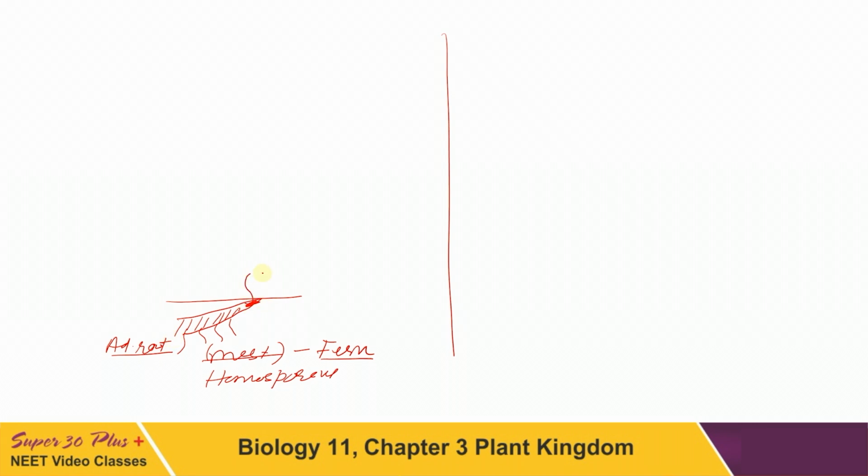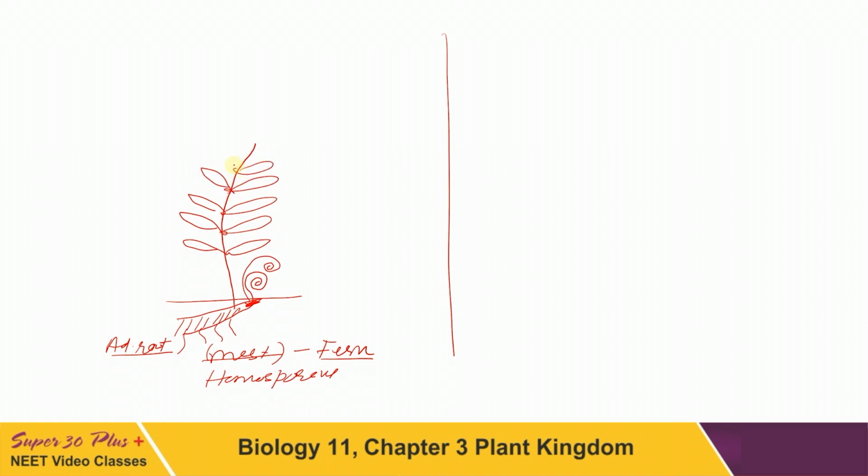At the growing point, it has young leaves which are coiled like this, right? Important characteristic. The fully grown leaf is fan-shaped, a pinnately compound, large leaf. This is known as frond.